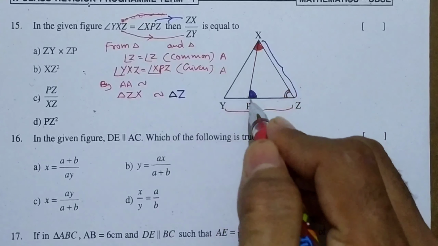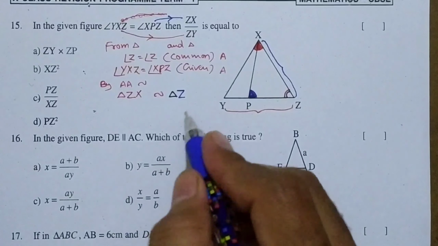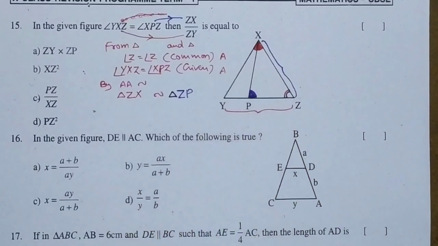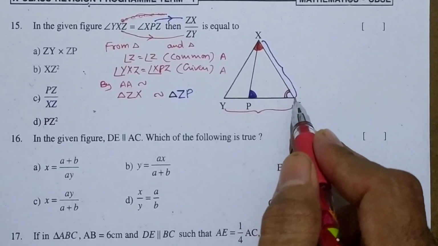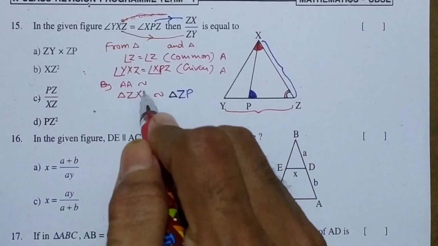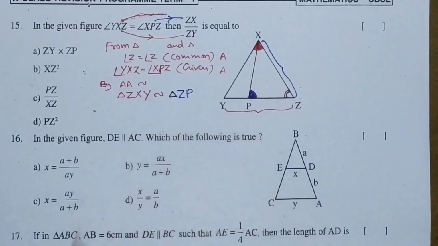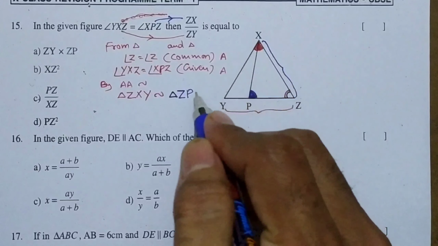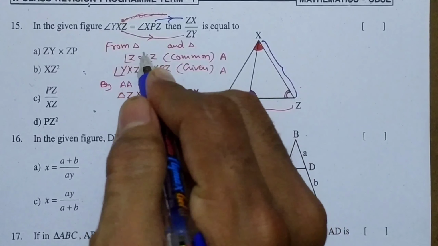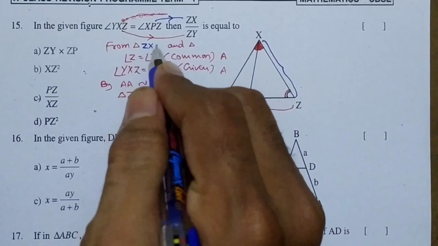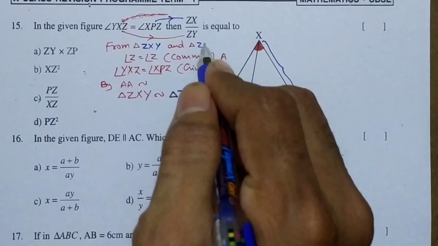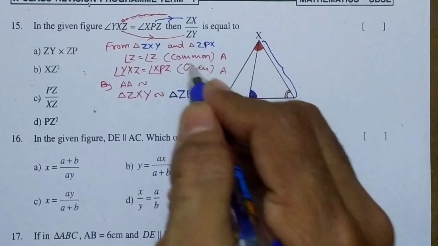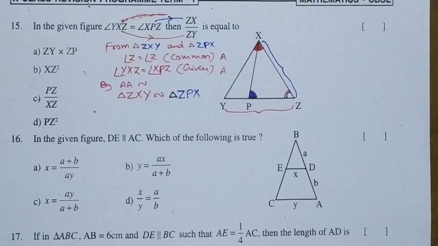So angle X is matched with angle P, so here P will come. Now in the bigger triangle ZXY, here it is Y. This is the bigger triangle, and this triangle is ZP and then X. So we can write triangle ZXY and ZPX. So finally we got both are similar.